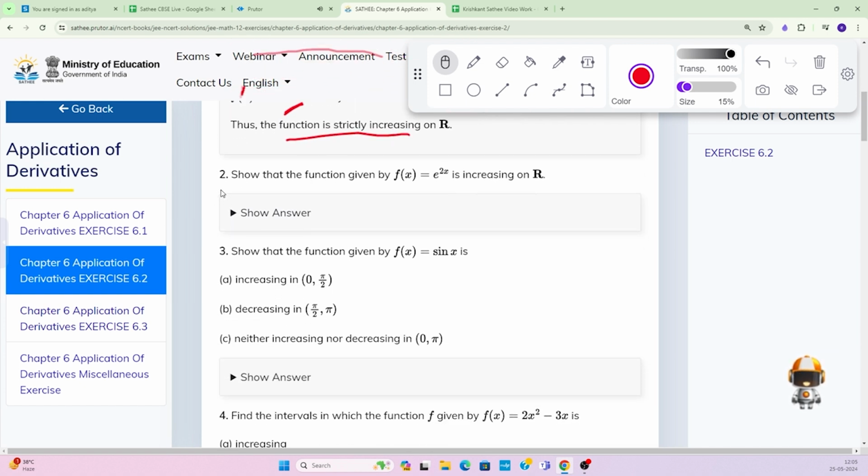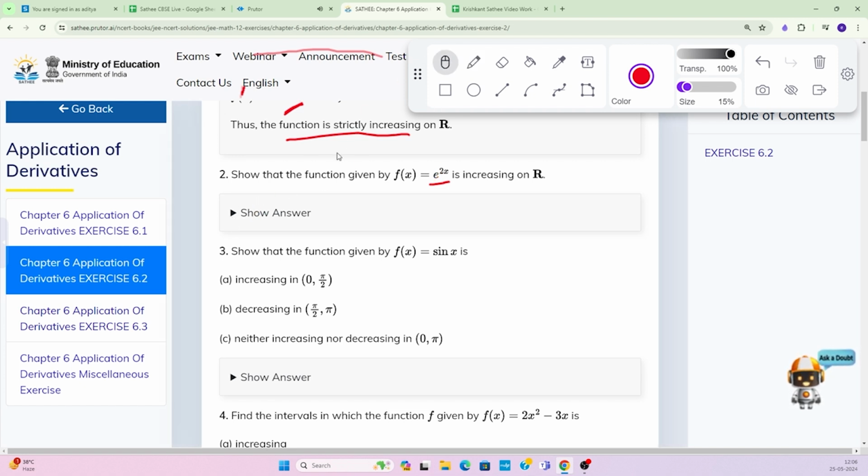Problem number two says show that f of x equals e to the power 2x is increasing. How are you going to show that? First of all, find the derivative.